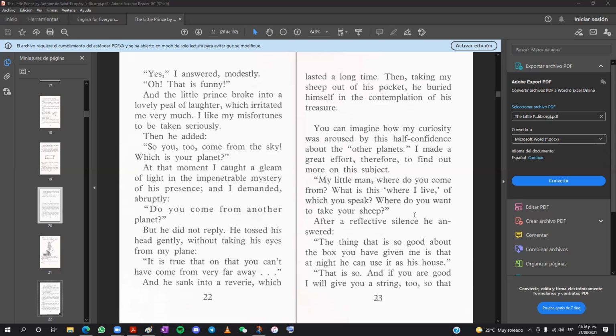Where do you want to take your ship? Ok, este está muy bien. Mi pequeño hombre, ¿de dónde vienes? ¿Dónde es, qué es este donde yo vivo, del cual tú hablas? ¿A dónde quieres llevar a tu oveja?